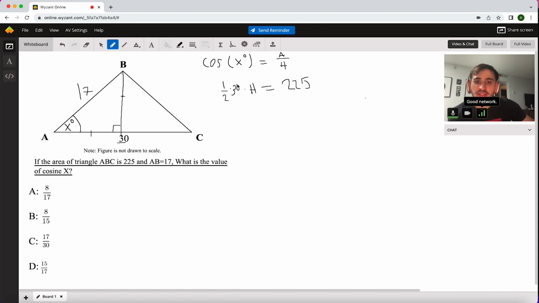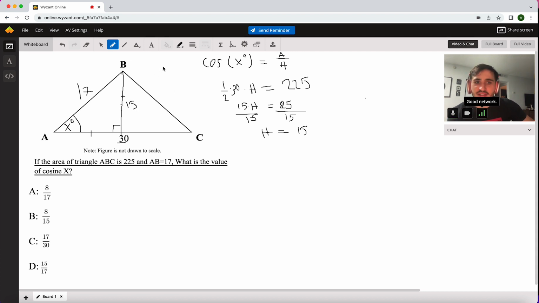One half times 30 is 15. So 15h is equal to 225. Divide both sides by 15. 225 divided by 15 is 15. So we know that this side right here is 15.